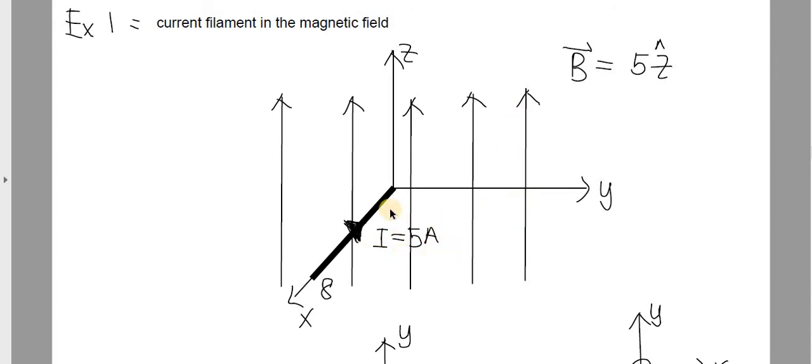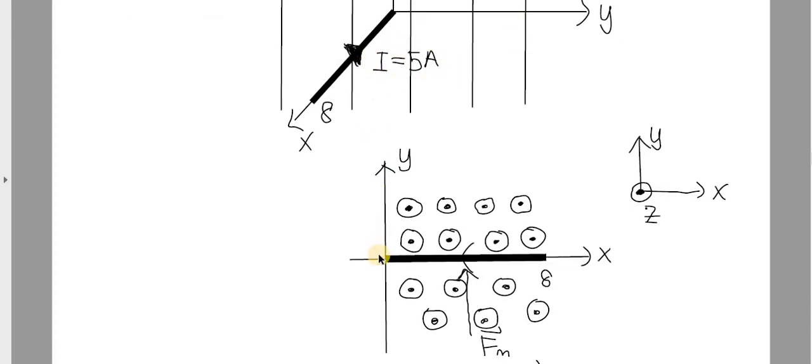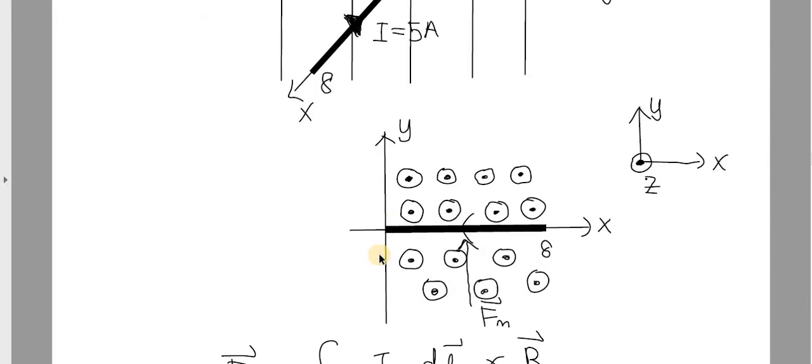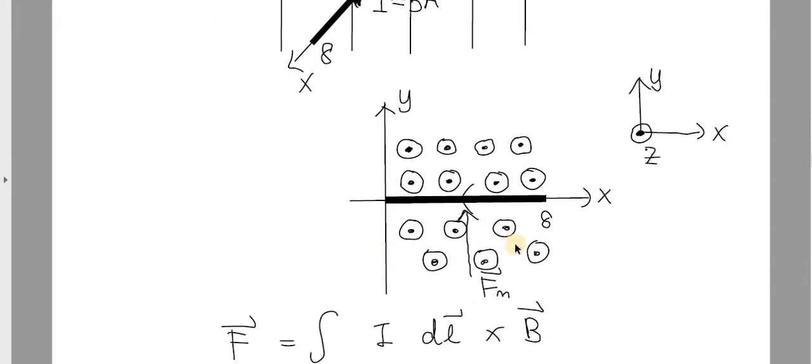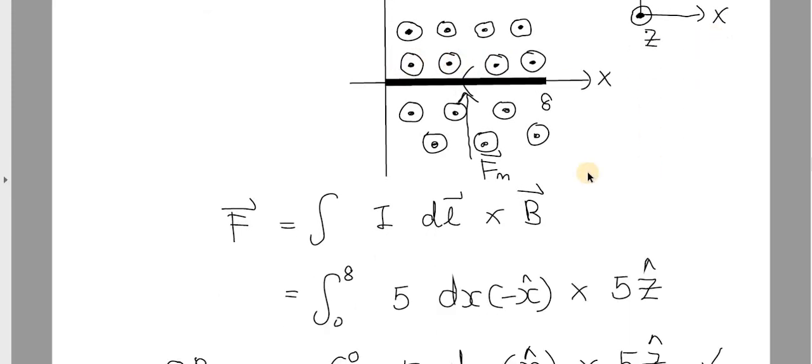Your I is equivalent to 5 ampere. If I draw this in a 2D diagram, this one will be the current filament and the magnetic field is in the positive z direction. So we have to apply this equation to find the force. I is equal to 5 and dl represents the length of the current filament.